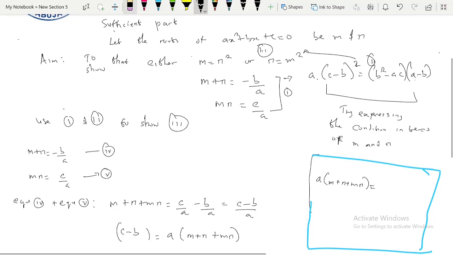Let me write this one. Right? So we've gotten this condition. Then the next step is writing b square minus ac in terms of m and n. Okay, so I'm going to clean this now.